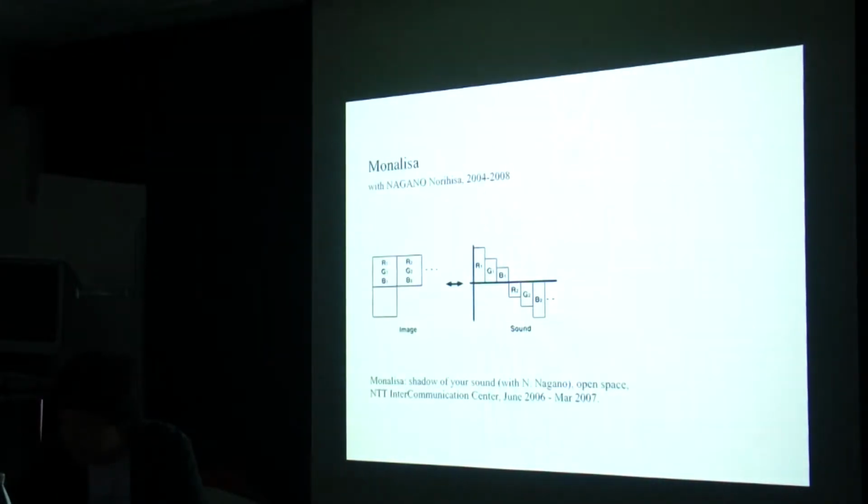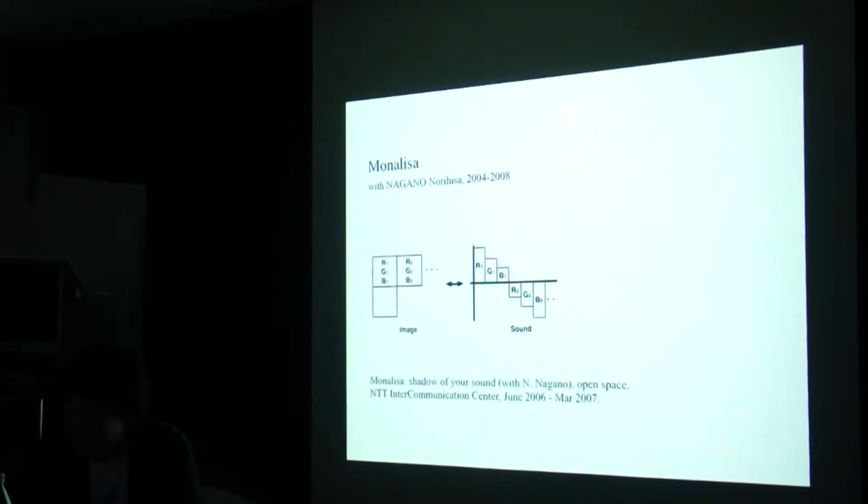Maybe it's the last example of Max MSP. It's another work. It's not so much related to Max MSP, but it's really related to image and sound. With this project, we made code to translate the image to sound and the sound to image.